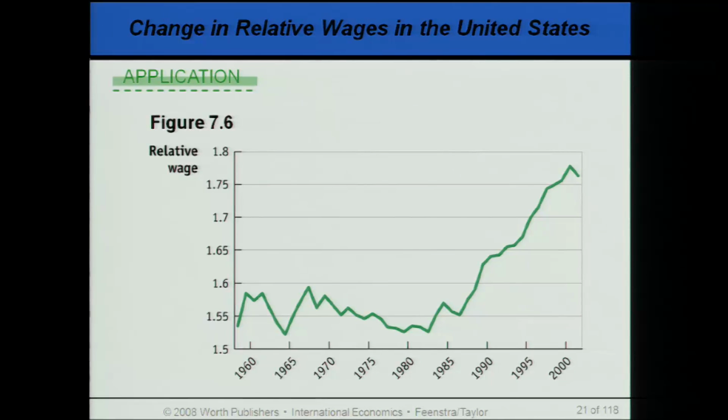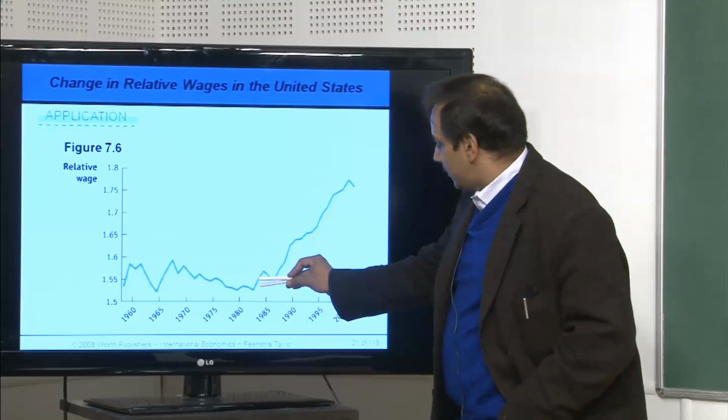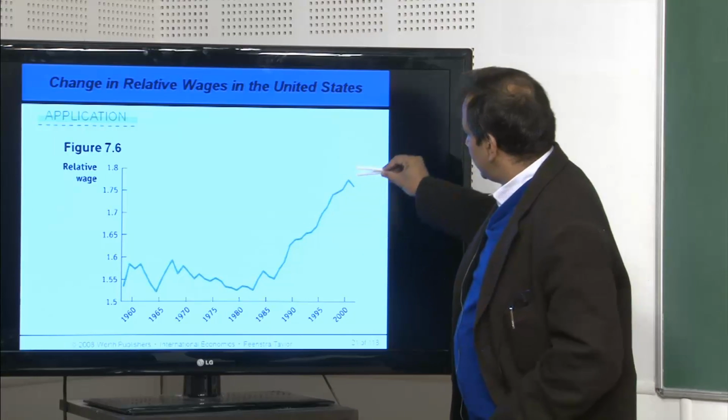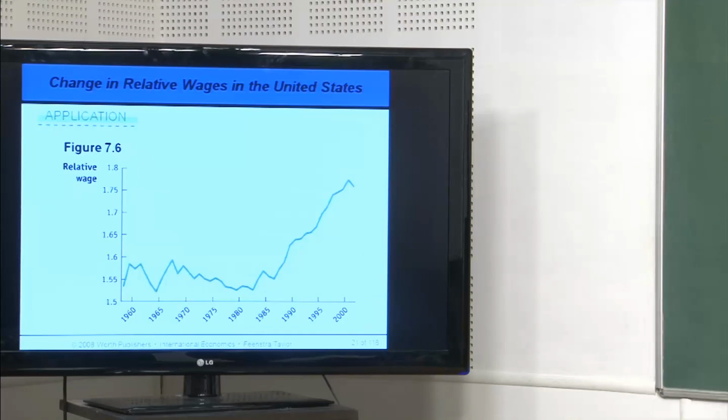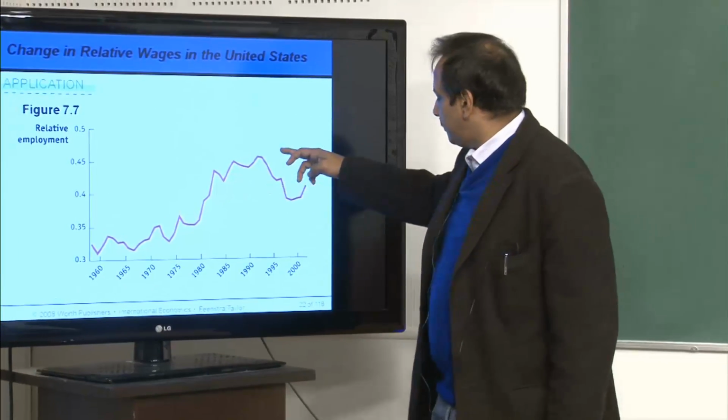So, you can see that is the relative wage of the skilled to unskilled. From here you can see that the wage of the skilled to unskilled labor has gone up in the US. What is also interesting is that the relative employment level from the 80s have also gone up.